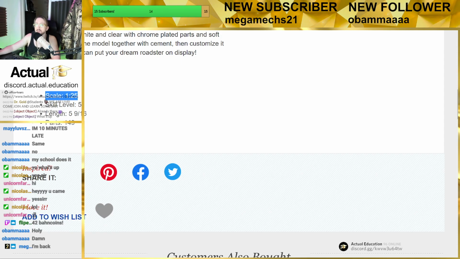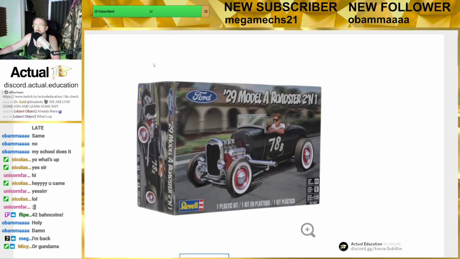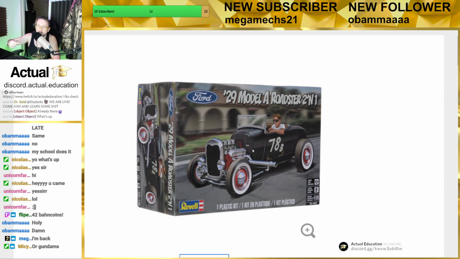Basically, a smaller ratio to a bigger one. So basically this car that you make is 25 times smaller than what it actually is. If that makes sense.